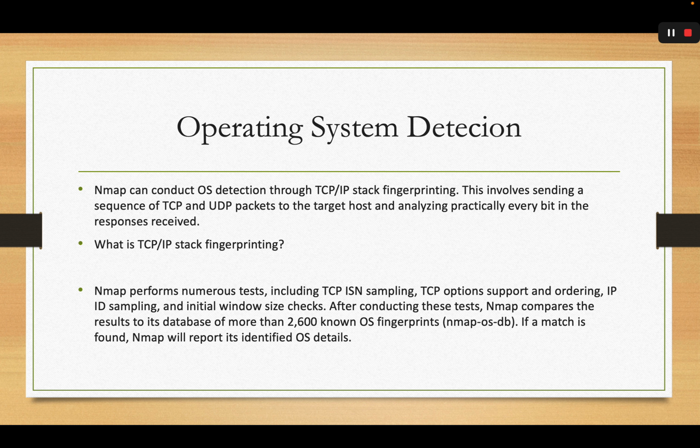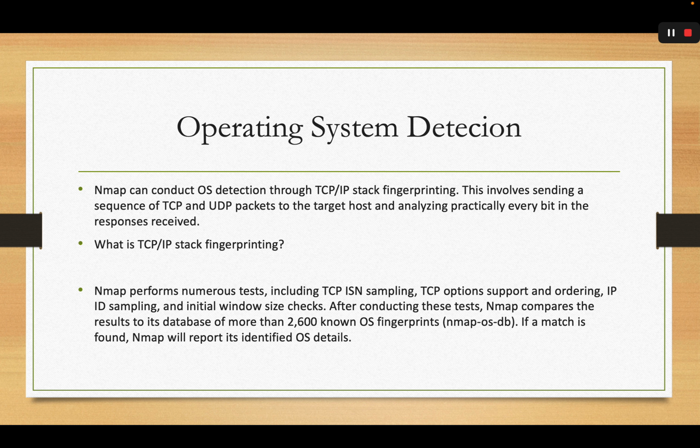In addition to this, Nmap performs numerous tests when it sends these network packets, like TCP/IP ISN sampling, TCP options support and ordering, IP ID sampling, and even initial window size checks.